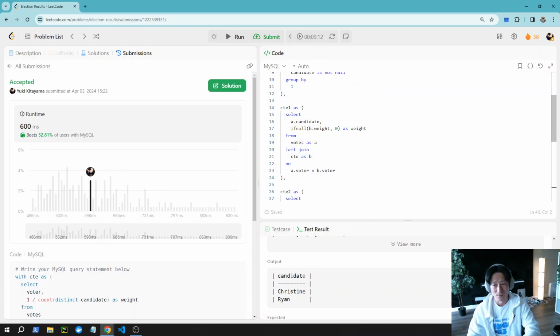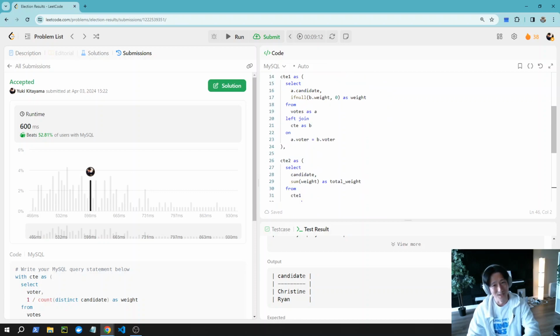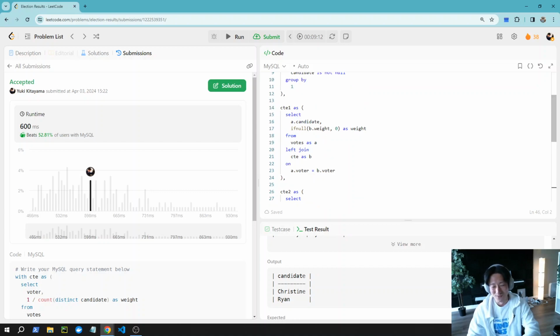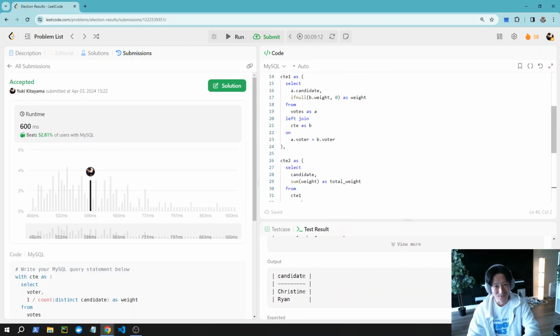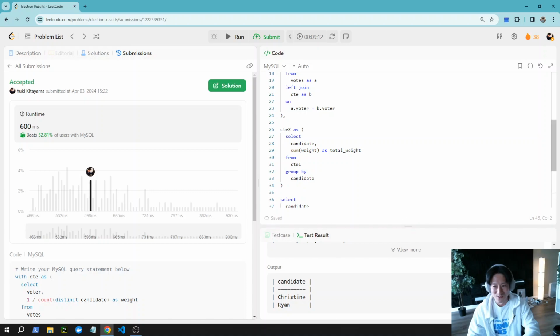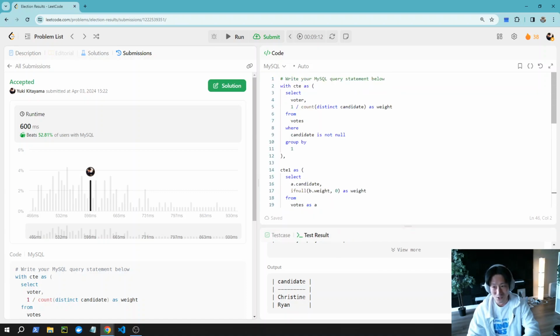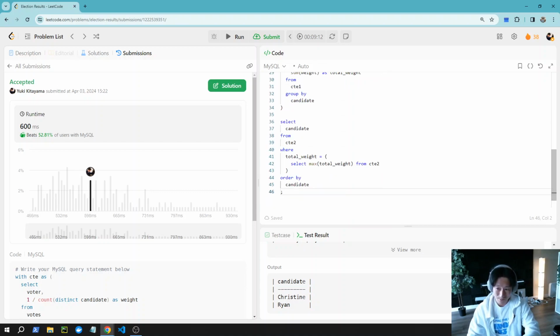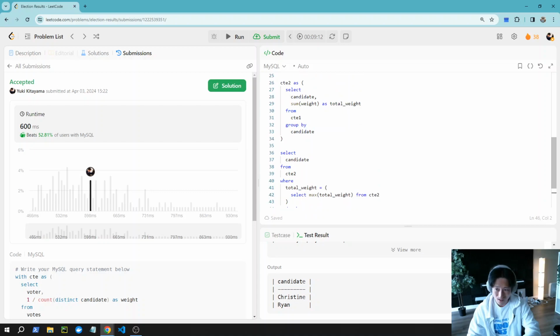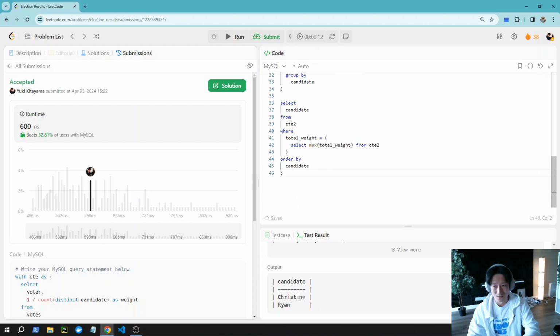Maybe it's going to affect the performance, which I'm not really professional about for SQL performance, if you're creating too many common table expressions. But I think this is kind of logical and fits me to solve the question. So this is how I solved this question.